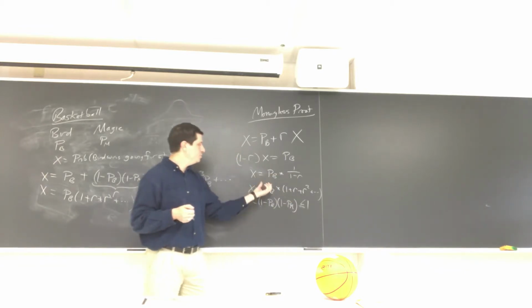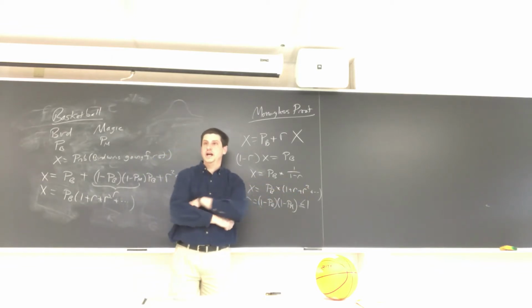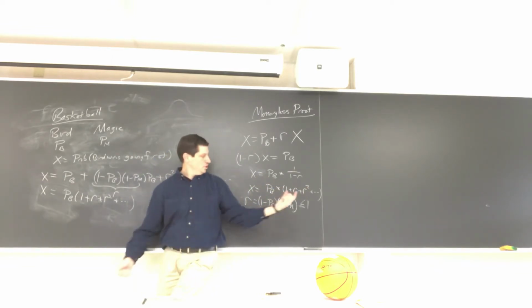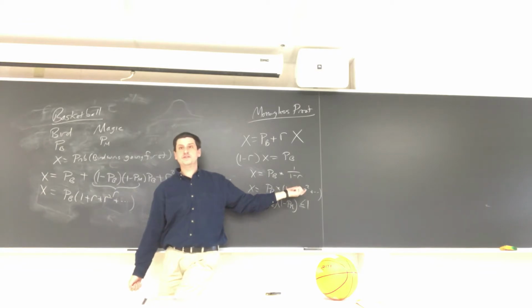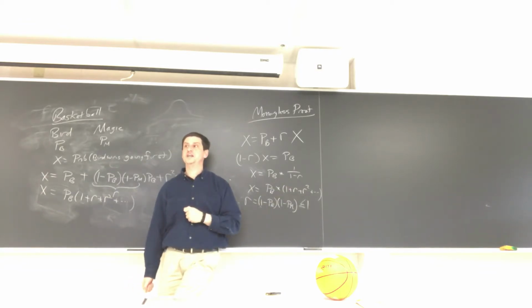So we've only proven the geometric series formula if R is positive. As a nice extra credit exercise, show that if you know the geometric series when R is positive between 0 and 1, you also get it if R is negative between 0 and 1. So knowing it for positive values, you get it for negative values as well.